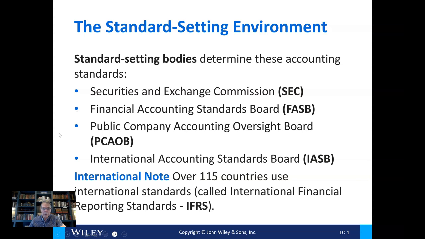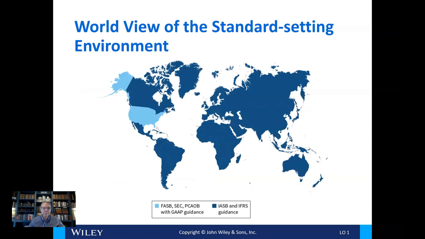Note that over 115 countries use international standards, which is good because then you don't have to worry about one country doing it differently than other countries. I mean, GAAP is probably considered some of the best accounting standards in the world. But not everyone wants to use the way that America does it.